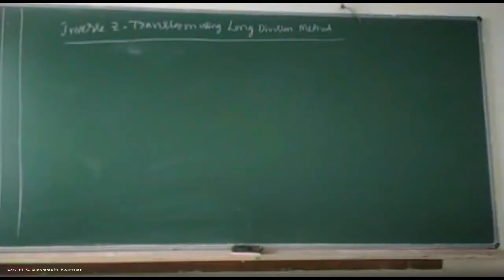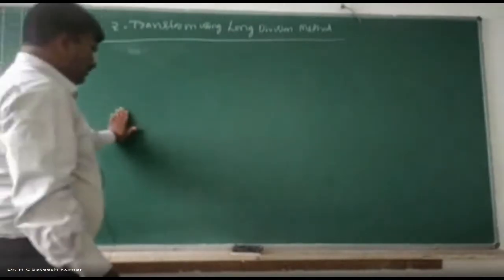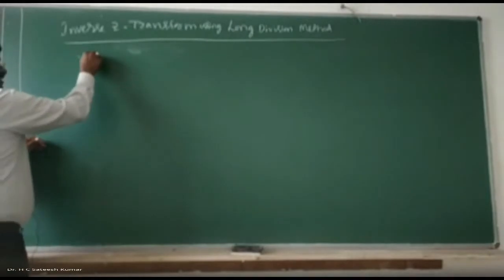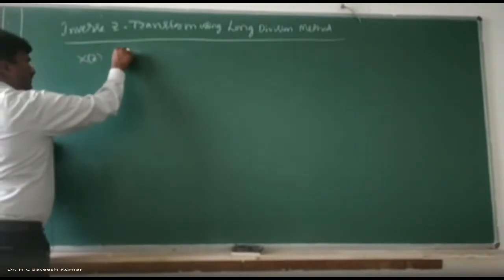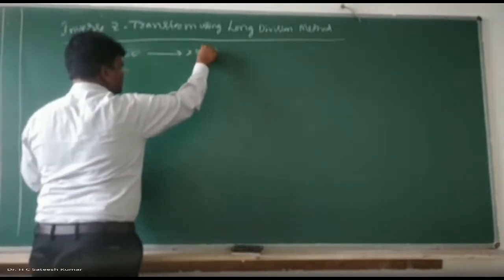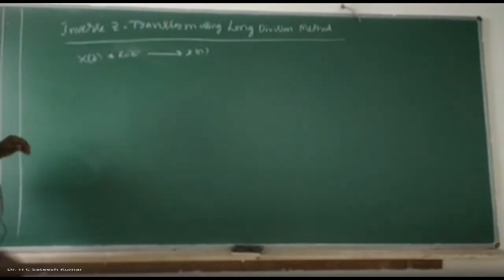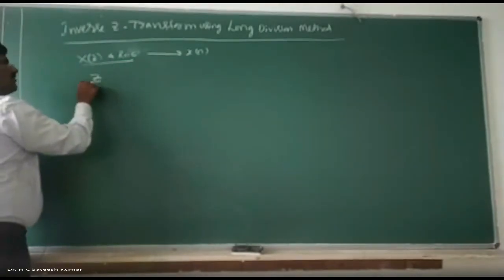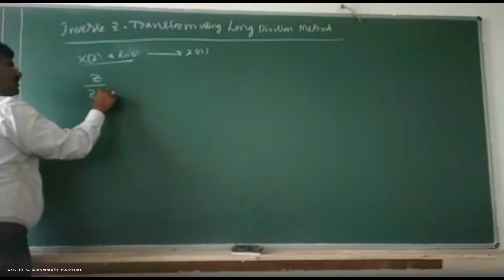So, how to do the problems on this one? As the name itself indicates, what do you mean by inverse Z transformation? If X of z and ROC are given, then we have to find out x of n. Let us say z divided by z minus 1 is the X of z.